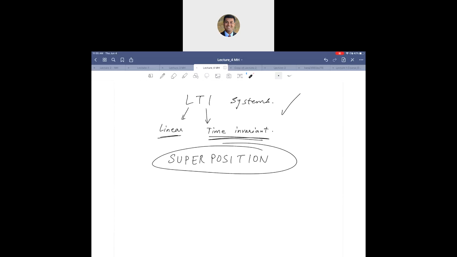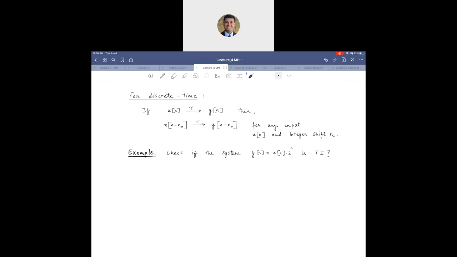We talked about LTI systems and how the very powerful concept of superposition is going to be applicable only for LTI systems. Let's take a look at its corresponding discrete time equivalent for time invariance. Very similar. Instead of x of t and y of t, you have x of n and y of n. So discrete time input, discrete time output.